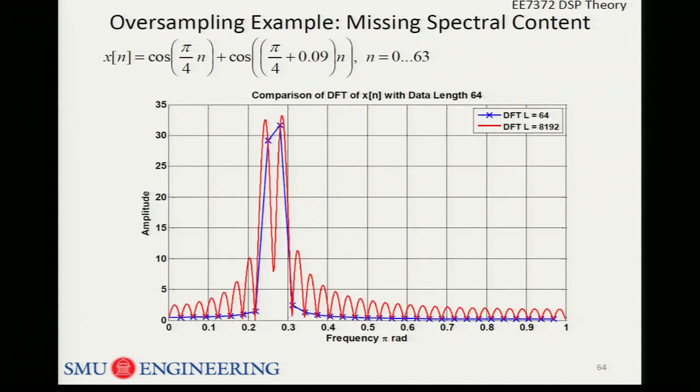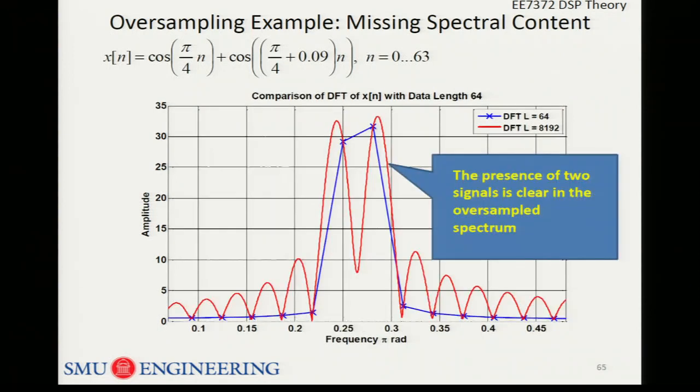If you do an 8192 point DFT on that, you can see that with all those extra samples, of course it still agrees at every point with the blue trace when they line up. But now if you were running an algorithm to find peaks, you'd obviously find two peaks. It wouldn't take a real fancy algorithm to tell that there are two peaks here instead of one. So sometimes oversampling can really help you identify and understand what you're looking at.